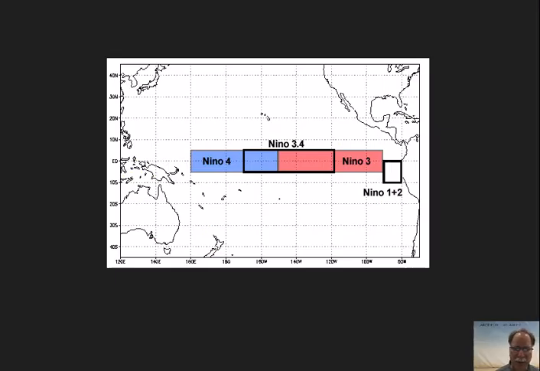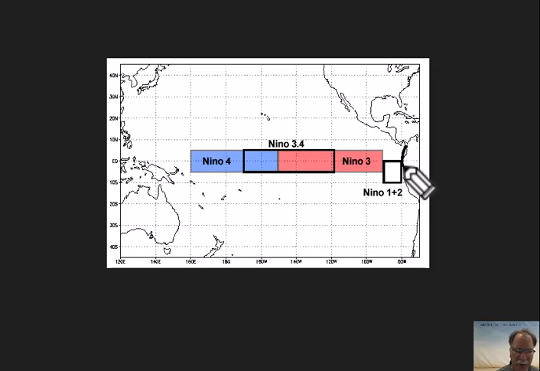Well, a couple more plots to show here before we get back to the continental U.S. This is again with respect to the developing and intensifying El Nino. We typically separate the regions in the tropical Pacific Ocean and refer to different regions known as 1+2 or 3, or in this case 3.4, right here in the central part of the Pacific Ocean.